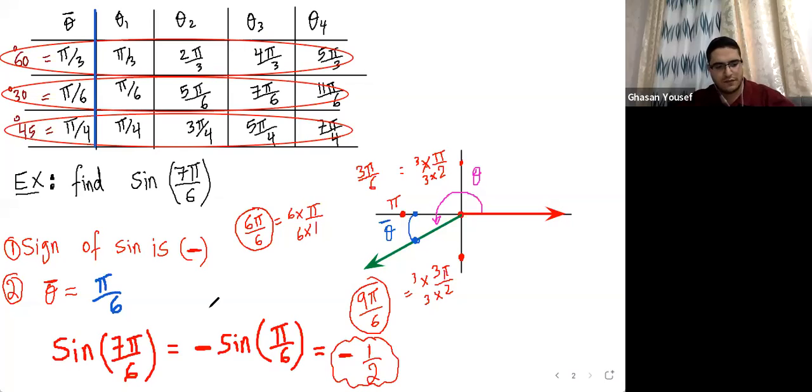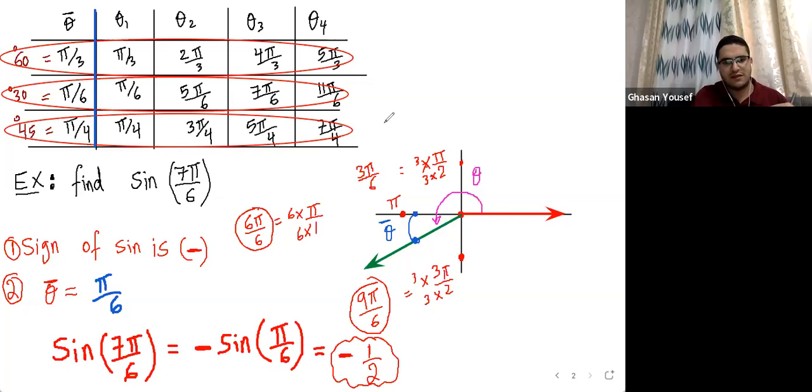But where did the final answer come from? The minus 1/2? Because you have to ask yourself, what is the sine of pi over 6? From the table last time, did you remember? Sine of 30, sine of 60. Sine of 30 is 1/2.